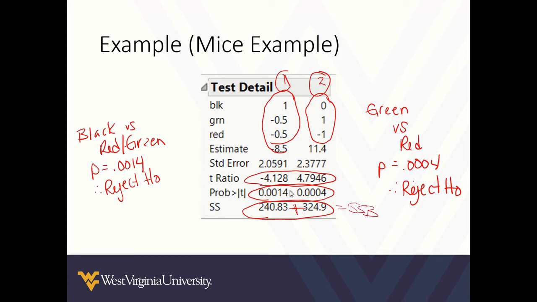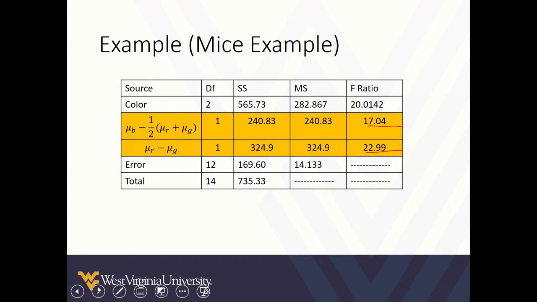We have a significant p-value, so that means there is a significant difference between the black versus red and green, and also the green versus red. And I would be expecting you to be able to do that. I'm not going to make you do the tests themselves, but I do want you to understand how they work and how to start the problem off and how to assess the results of the problem.